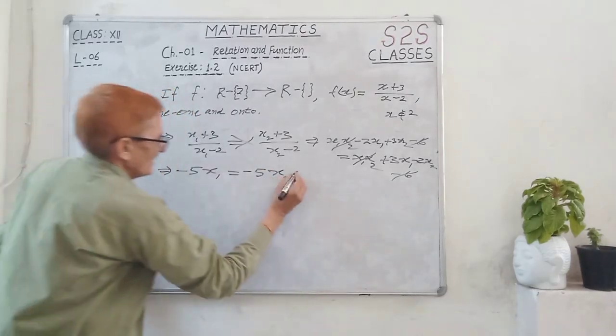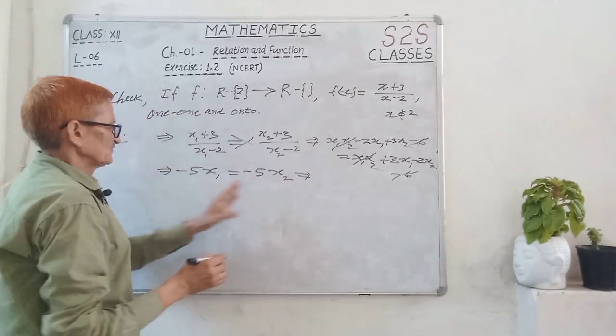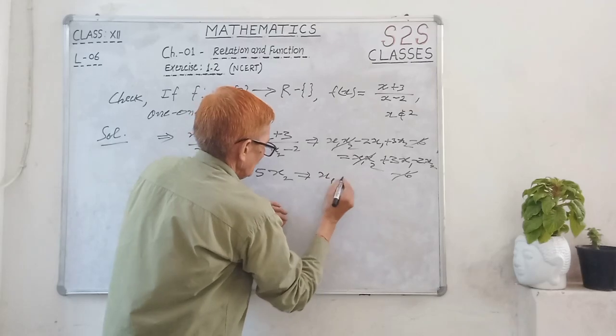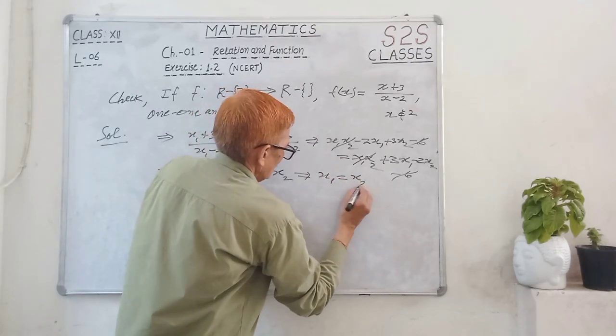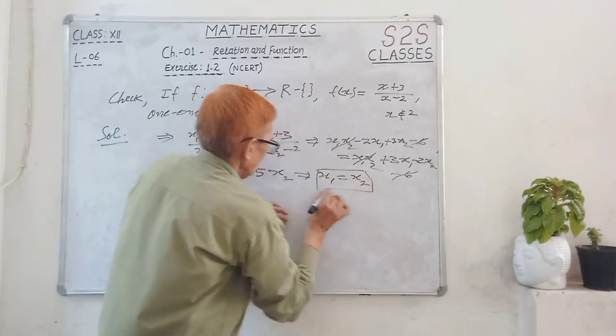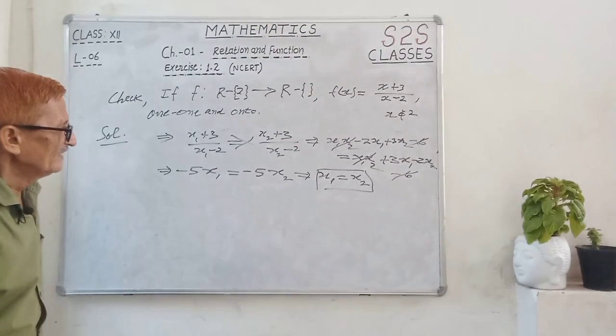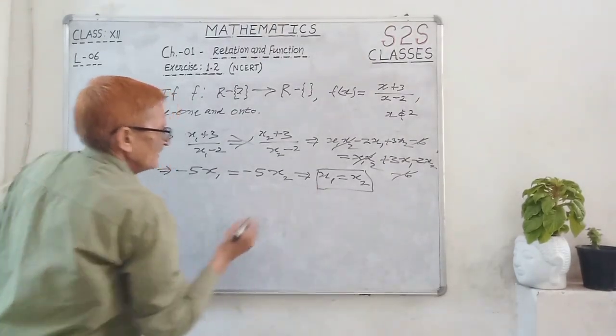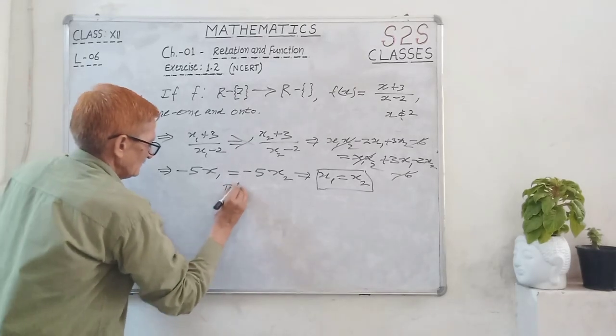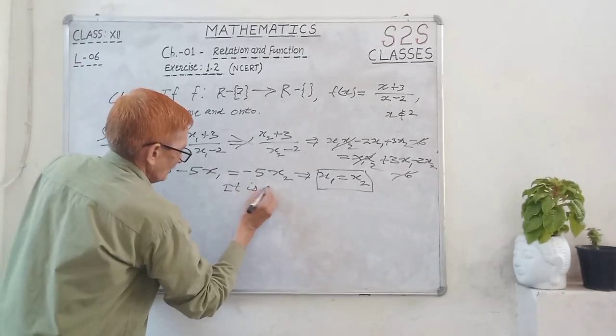Then this implies x1 equal to x2. Okay, minus negative cancel both sides, 5 cancel out. Okay, now it means it is one-one.